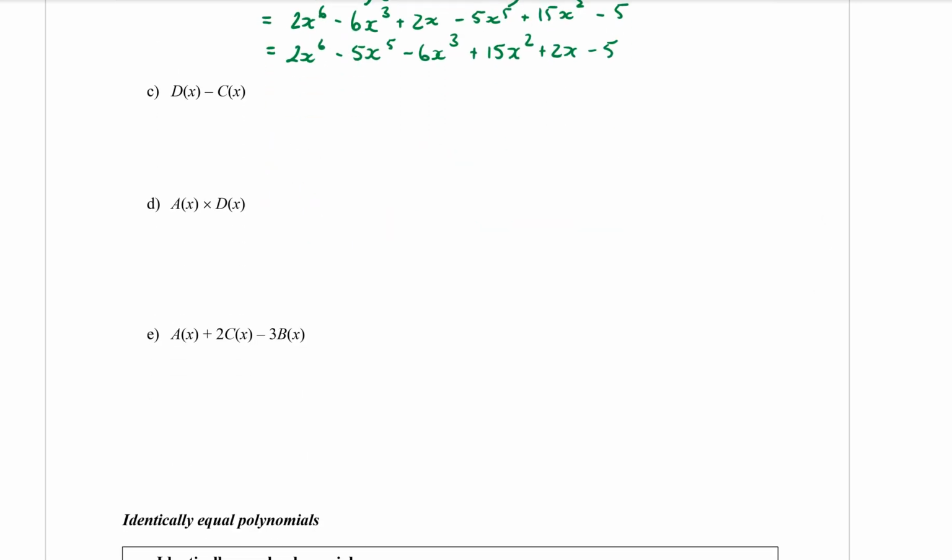All right. Question C. D of x is, write it down. D of x was x to the power of 5 minus 3x squared plus 1 minus c of x.